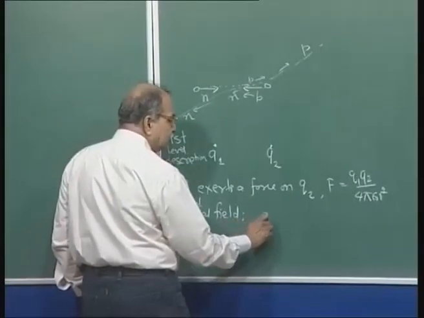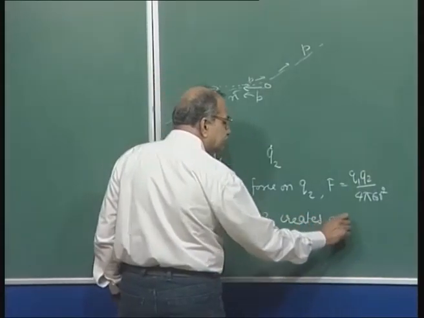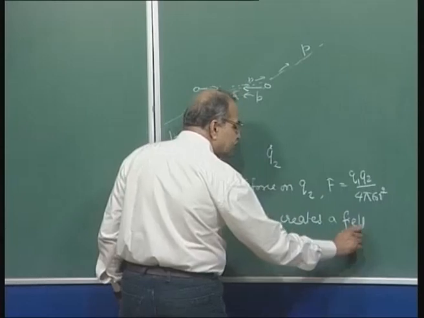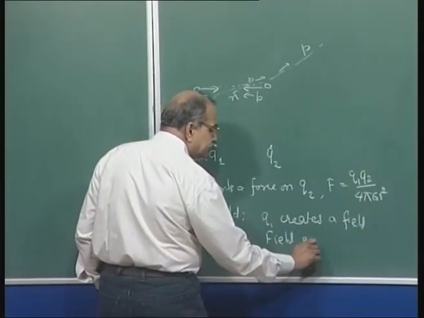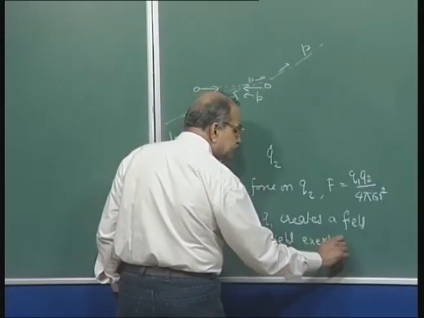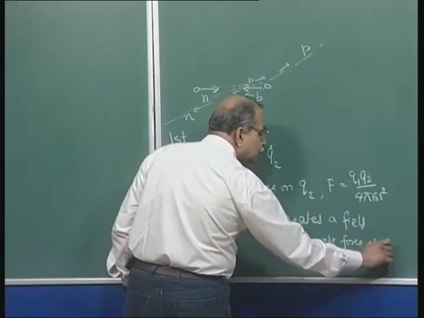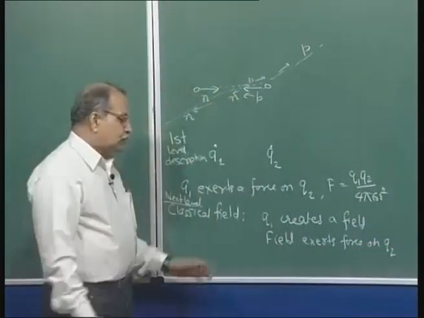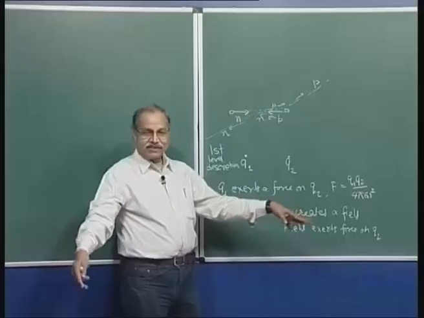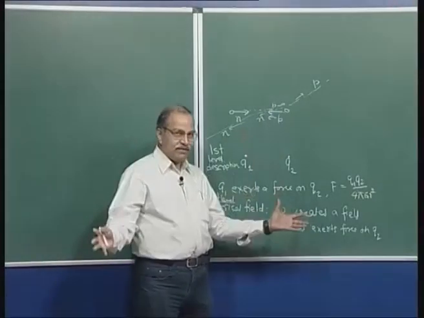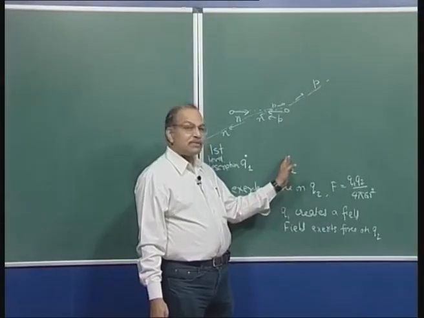We say that q1 creates a field and the field exerts a force on q2. So, you make it a two step process. q1 creates a field and then q2 is placed in that field, that is why it experiences a force.